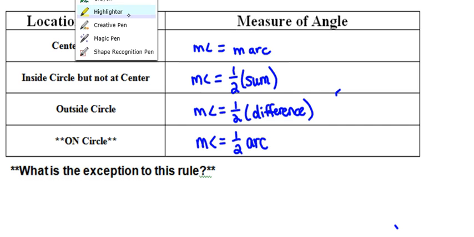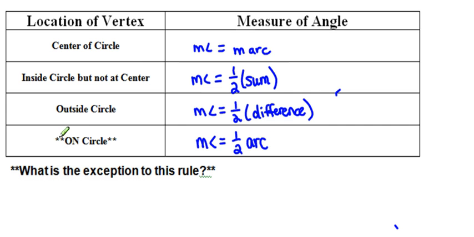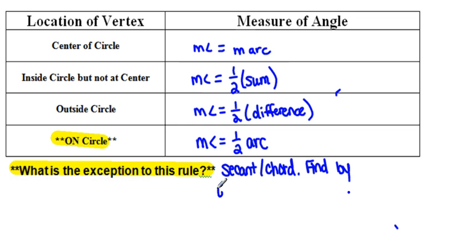Now that said, this last rule does have one exception. The exception to that is the angle that is formed when a secant intersects a chord and the vertex just happens to be on the circle. If this happens, we're going to find the degree measure of the angle by using other angle relationships.